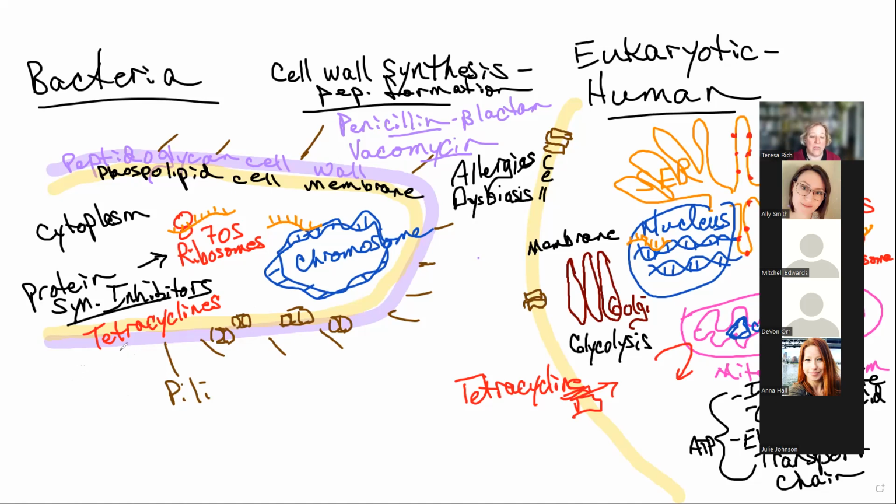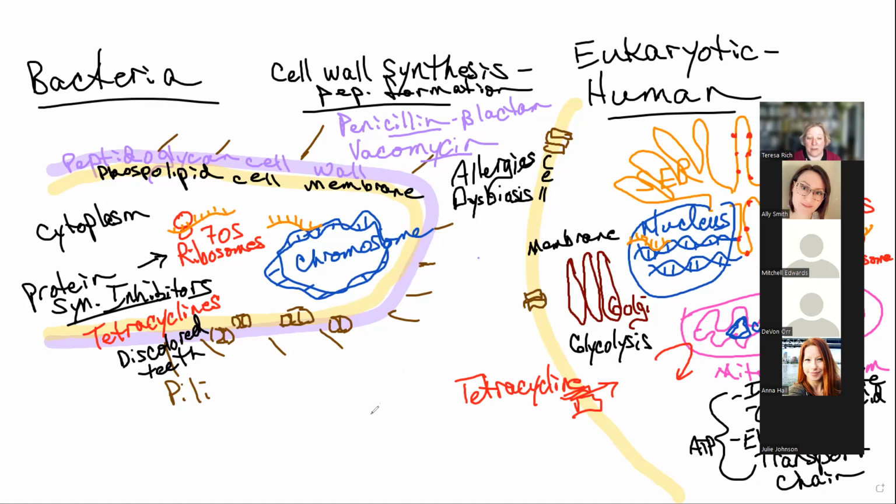With young kids, it's just discolored teeth. We don't see that as much anymore, but if you ever see anybody that's got kind of gray teeth, and they're older, you know, 50s, 60s, it's probably because they got tetracycline when they were a kid.